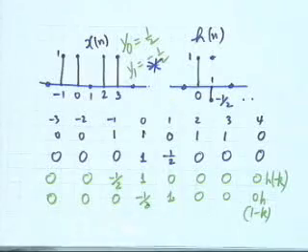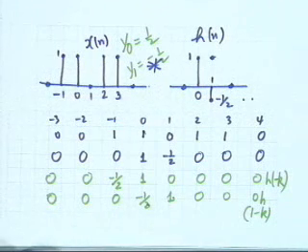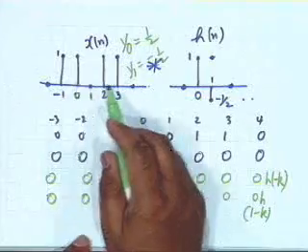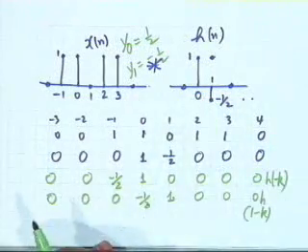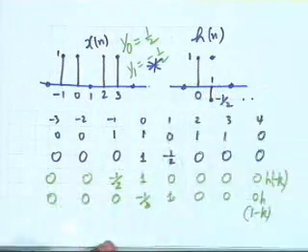All right, can you guess what the total number of non-zero samples in y of n shall be in this particular case? Total number of non-zero samples in the output. There are 1, 2, 3, 4, 5, and there are 2 here. 2 non-zero samples in h of n.